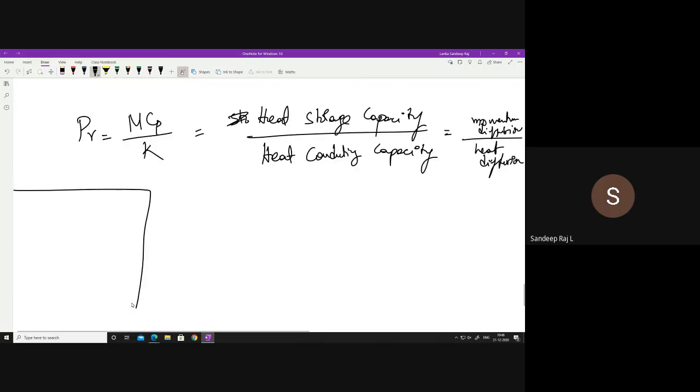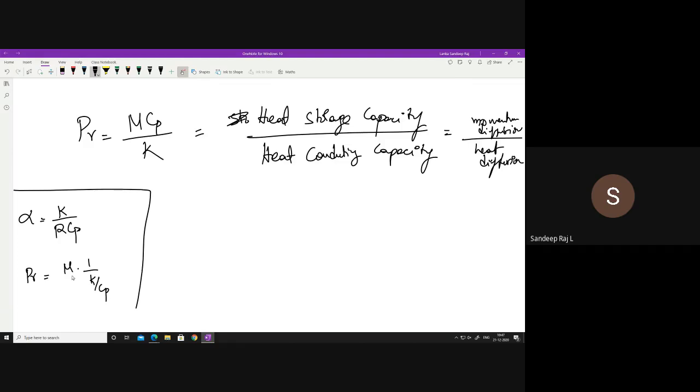So how to do that? I'll show you here. Alpha means what? Thermal diffusivity. What is the formula for thermal diffusivity? It is k by rho Cp. Here in Prandtl, what I have is k by Cp. So Prandtl I will write like mu into 1 by k by Cp.